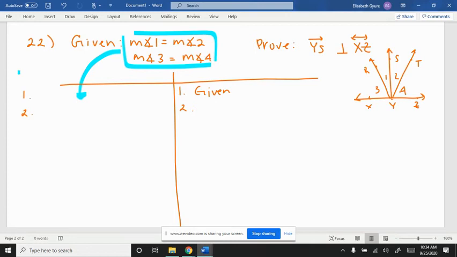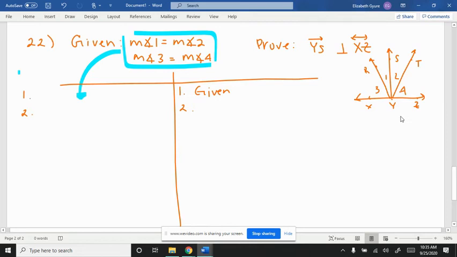The first thing that I'm personally going to do is start to talk about my numbers. I know that I have a straight angle here. That's actually where I'm going to go first. It's not where you have to go first, but I'm going to introduce that angle XYZ is 180 degrees because it's a straight angle. That way I can just go ahead and get that angle started in my proof.